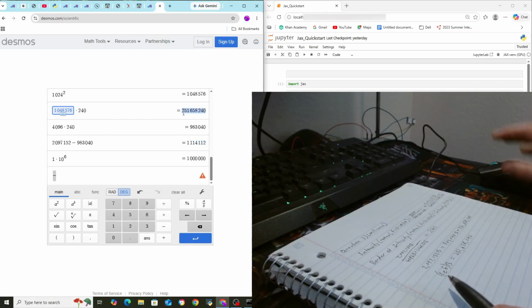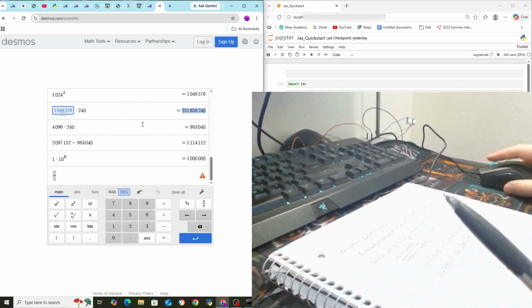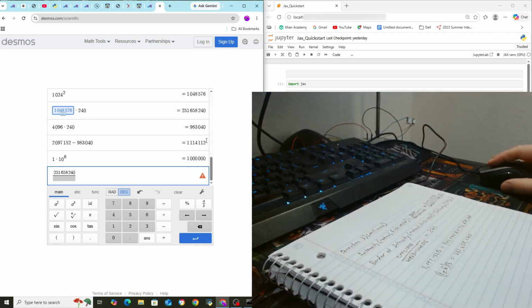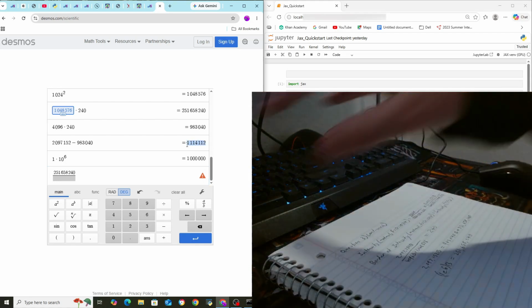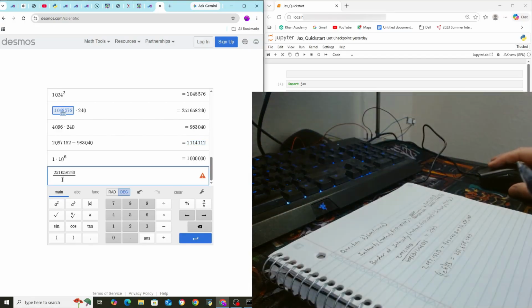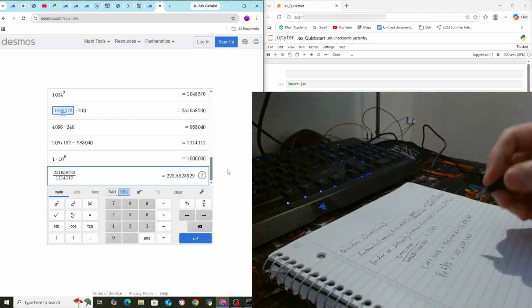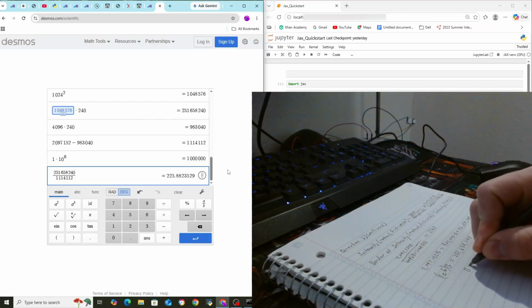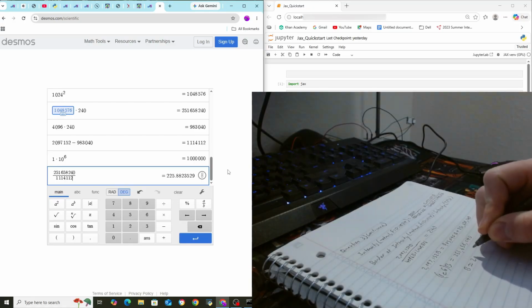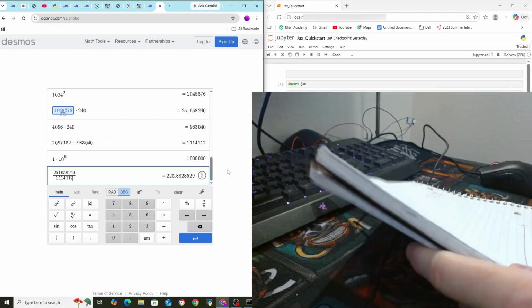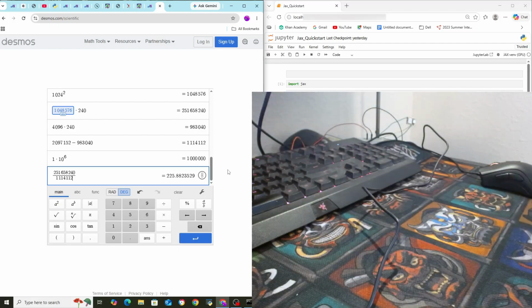This divided by this. It's 226. B is approximately equal to 226. All right, so we got 136 and we got 226.